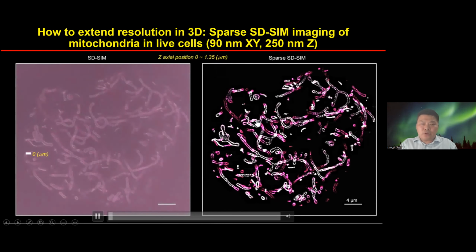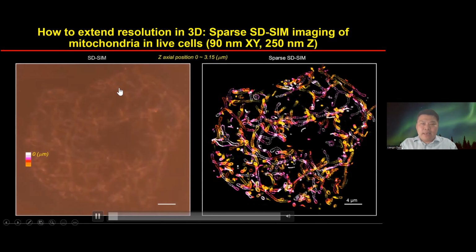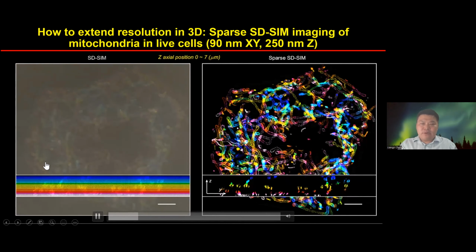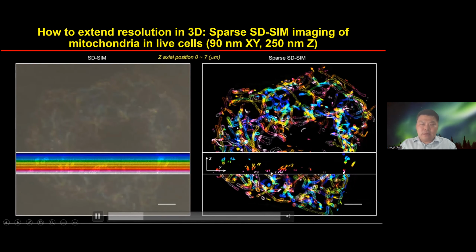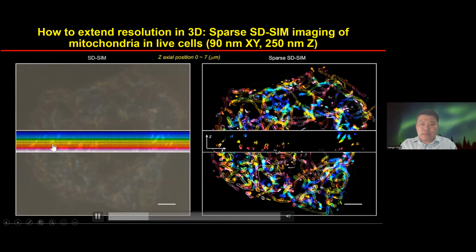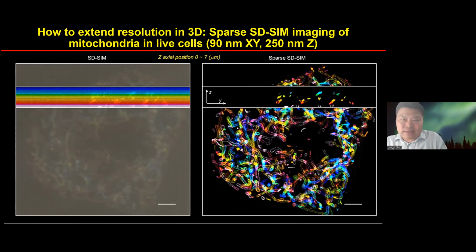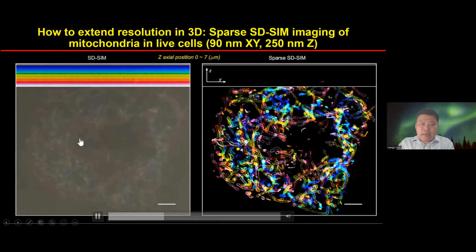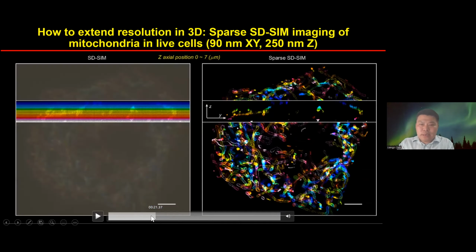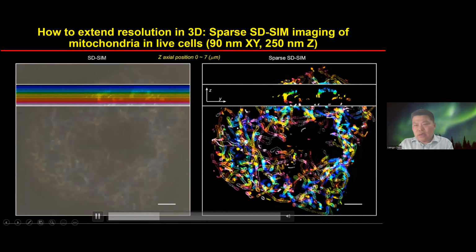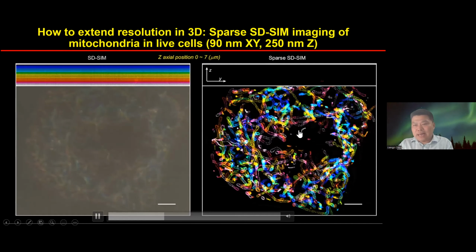So we use a commercial Live SR system, and we labeled COS7 cell mitochondria with TOM20, and different colors indicate different Z layers. On the left is the raw data, a dividing COS7 cell, so it's a little bit thicker, 7 microns. And on the right, you see it after being sparsely deconvolved.